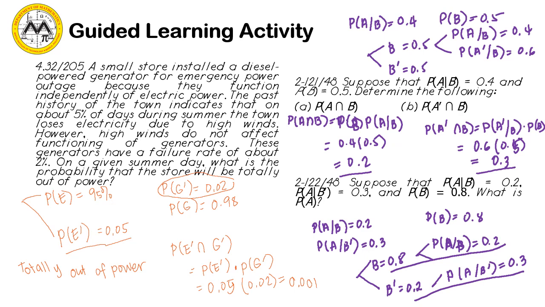So 0.8 times 0.2 is 0.16, while 0.2 times 0.3 is 0.06. So we have 0.22.